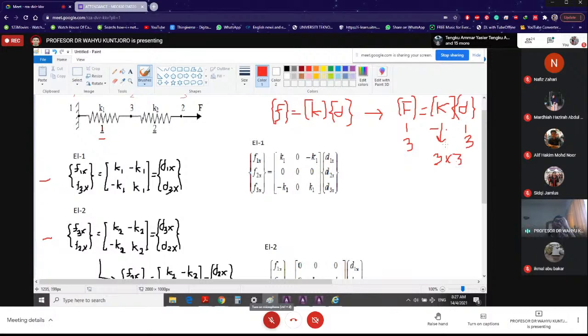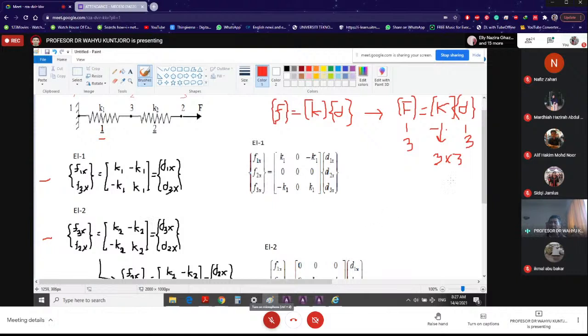Because every node has 1 degree of freedom, and you have 3 nodes, that means over here we have 3 degrees of freedom total. Now what we need to do is add equation 1 and equation 2.